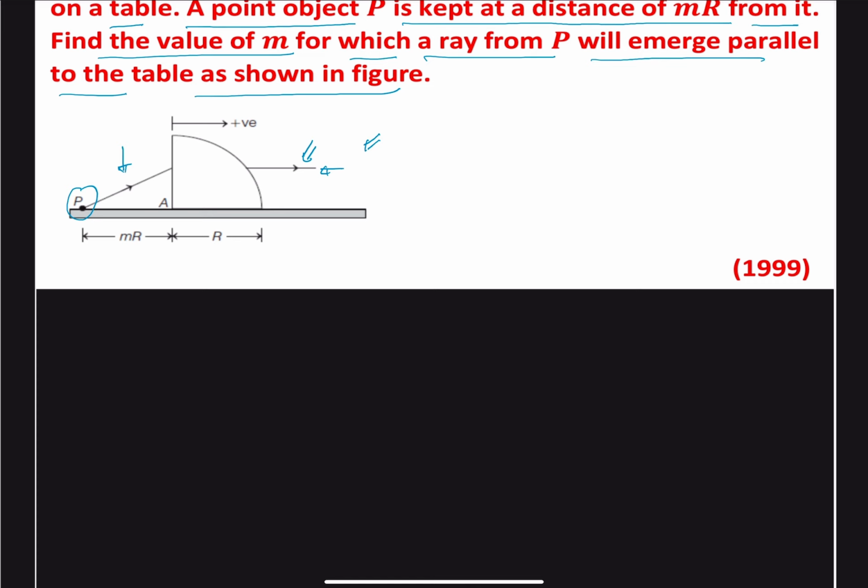Okay, so we have to first of all try to find out how the ray is going to behave inside this particular quarter lens, and for that we need to find out what will be the position of the image.